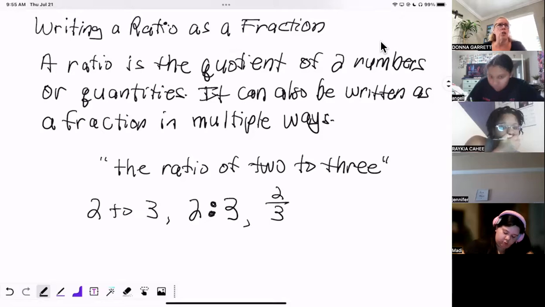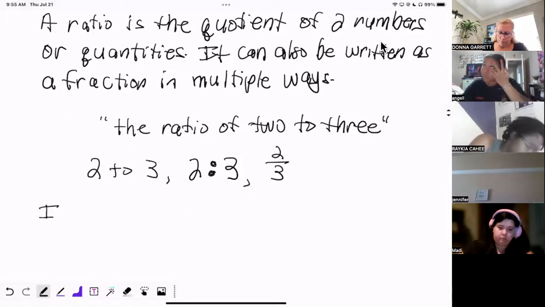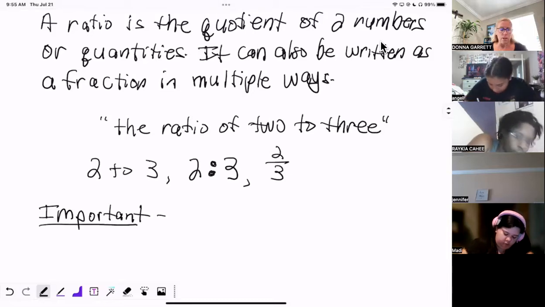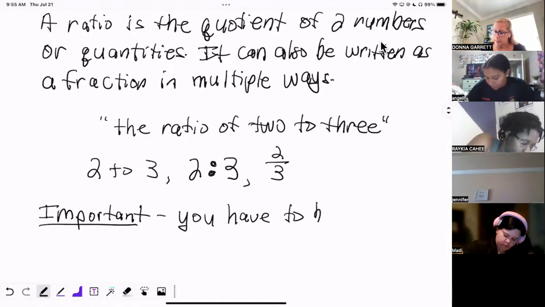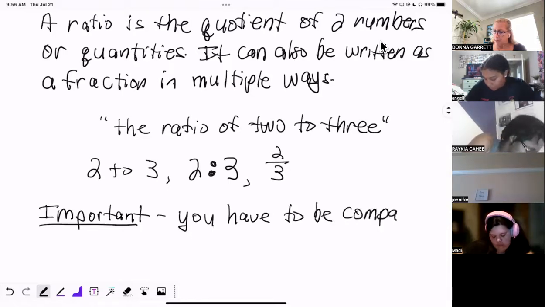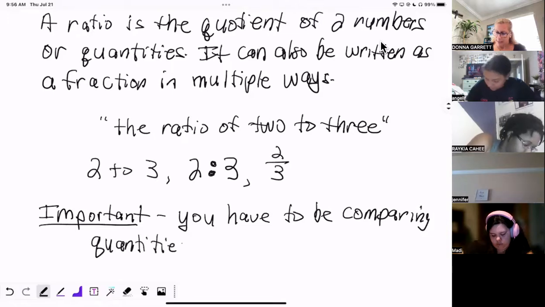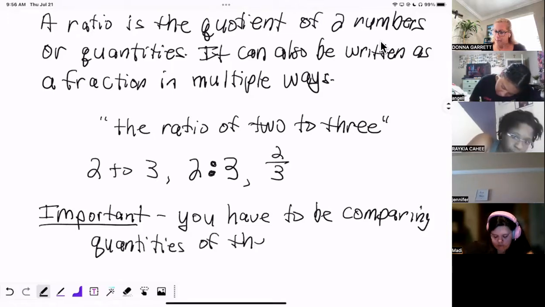And like I said before, it's used when you want to compare like quantities. Here's what's important about a ratio. In a ratio, you have to be comparing quantities of the same unit.